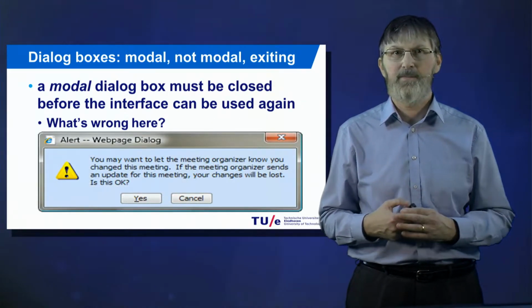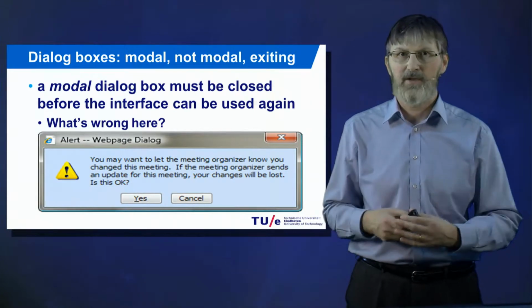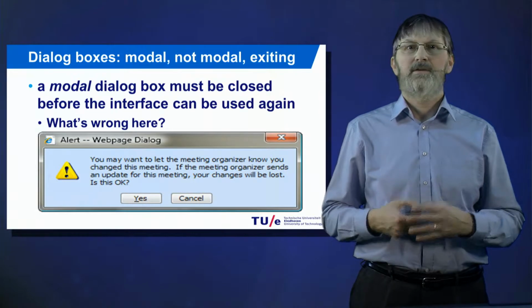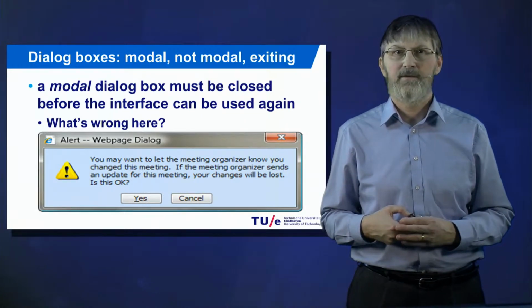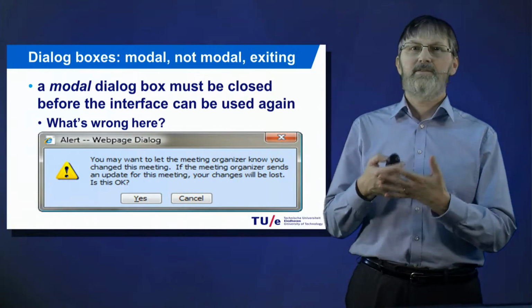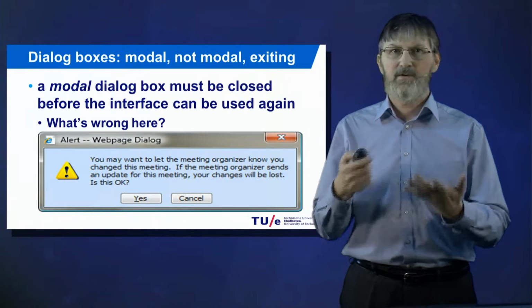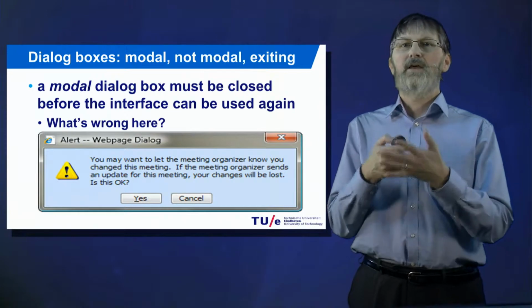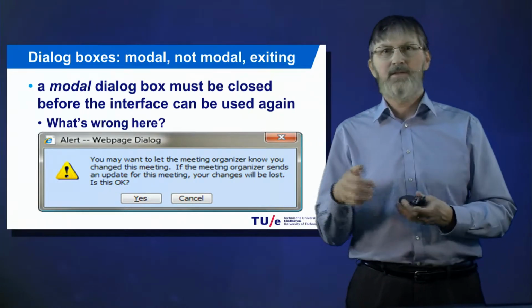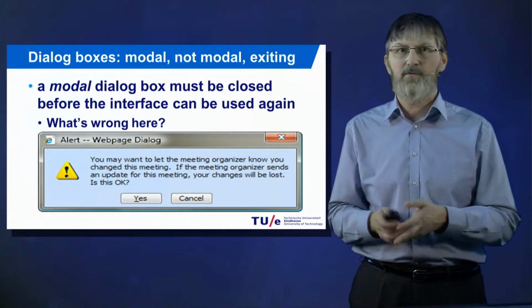Here is an example of a modal dialog box that is actually not a good design. If you read the text that it says there, it is about creating or changing some appointment. And it says that, well, if you change something, the meeting organizer needs to be informed as well.